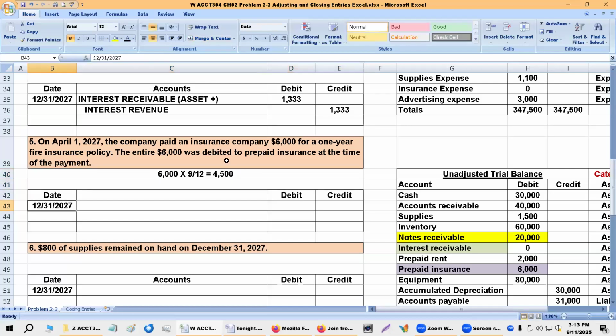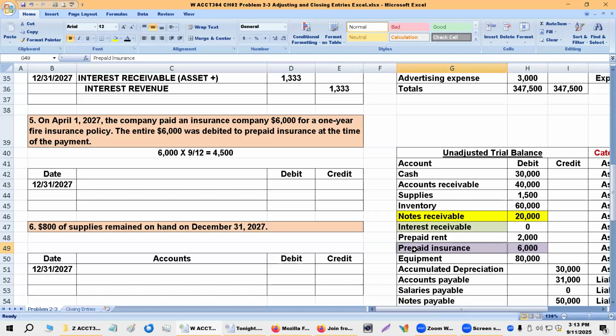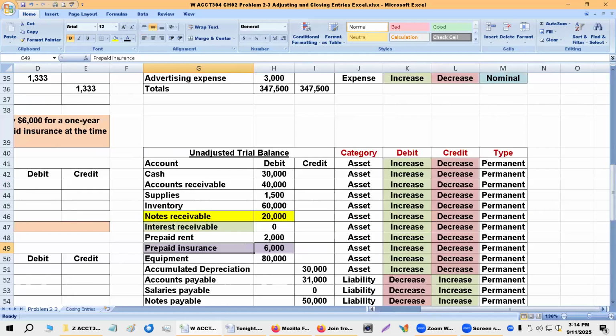Okay, so what's the journal entry going to be? Well, there's prepaid insurance for 6,000. We really don't have prepaid insurance of 6,000. We've used up 4,500 of it, so this account's going to have to decrease. The prepaid insurance is going to decrease with a debit or a credit?